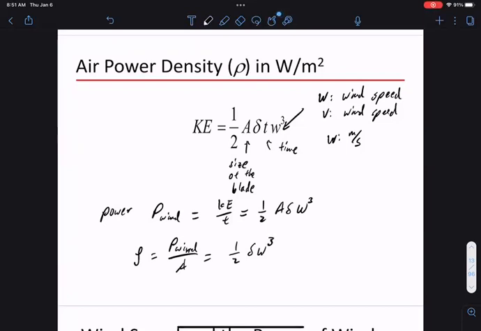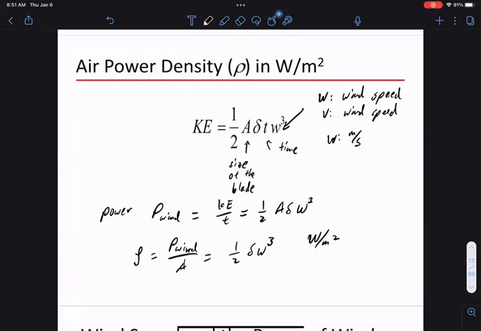This gives us a unit of watt per meter squared. If your turbine traces out an area of 1 meter squared, you get a power of rho. So this is air power density.